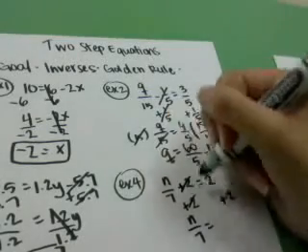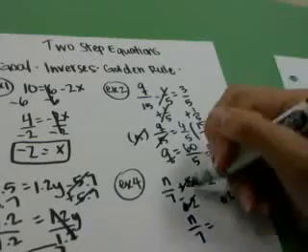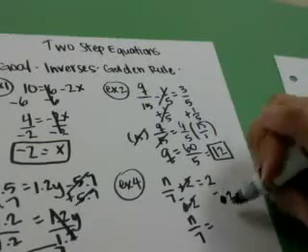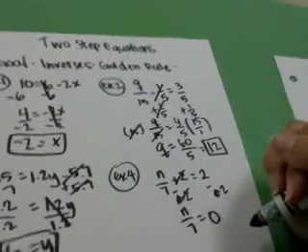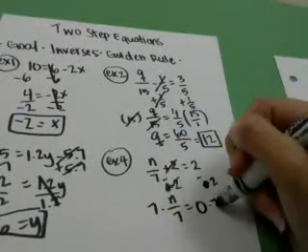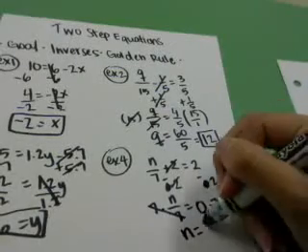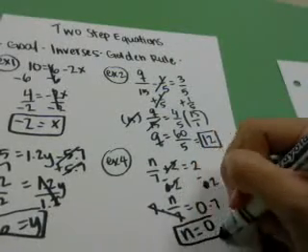This should have been positive 2, so we were going to subtract 2 from both sides. Excuse me on that. Those would still cancel, and on this side, 2 minus 2 would be 0. Now, if I want to get n by itself, I'm going to multiply both sides by 7, because it was being divided, and 0 times 7 is 0, so n equals 0.